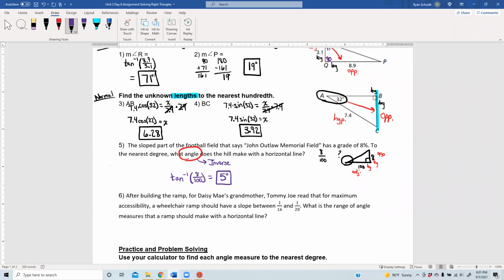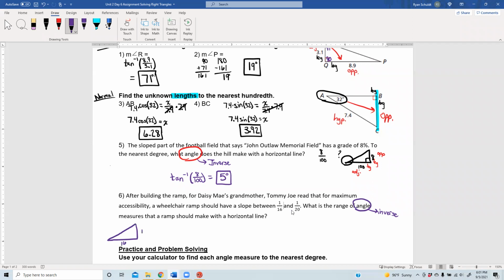So basically, this is like number 5. For one, we're dealing with angles, so we're going to have to use the inverse. But these are fractions, so this is really saying rise over run. 1 over 16.